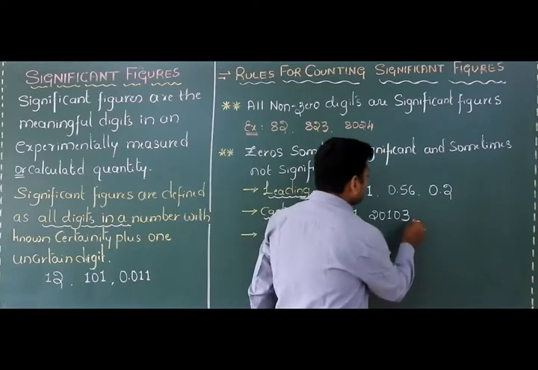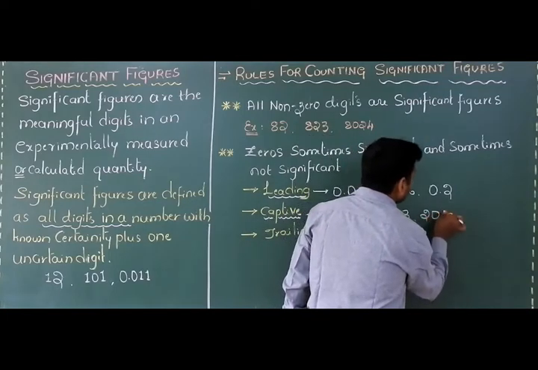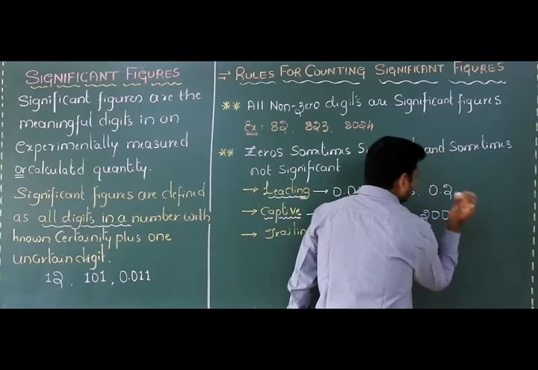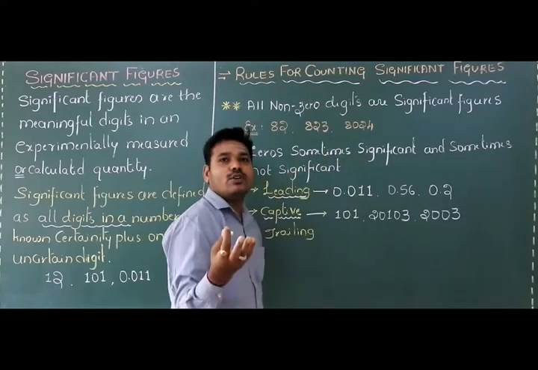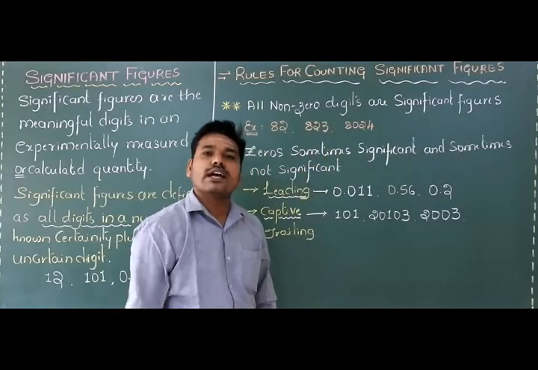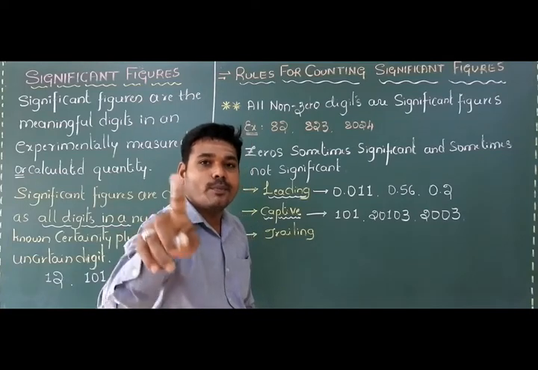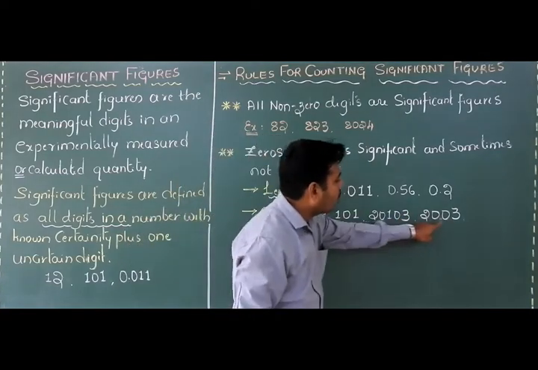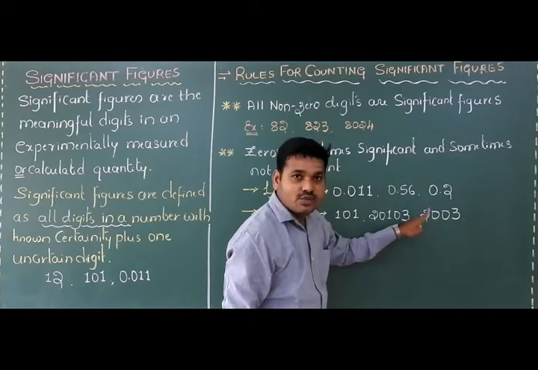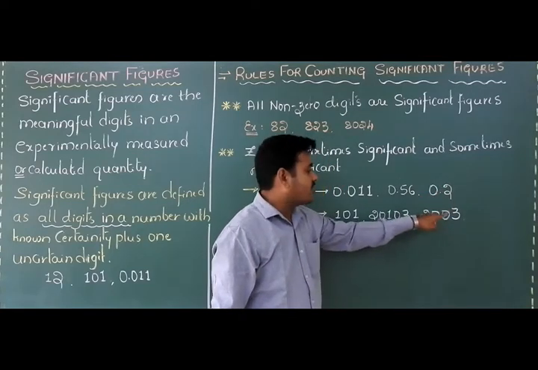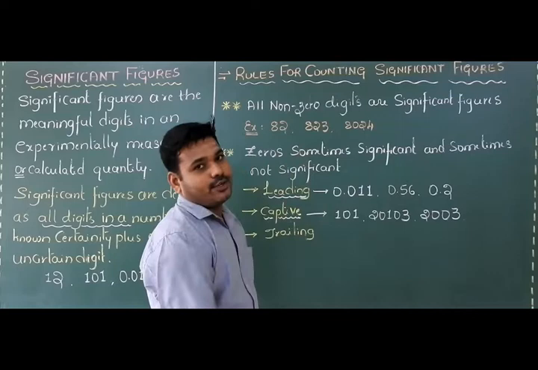Now similarly let us take one more example. 2003. This number also contains zeros and both the zeros are called captive zeros, because the zeros are present between the two non-zero digits here, so that's why they are called captive zeros, students.